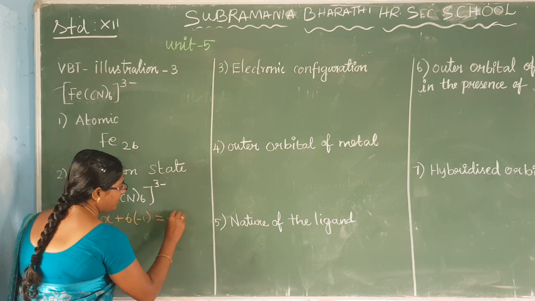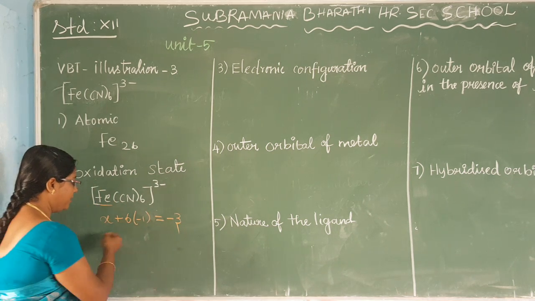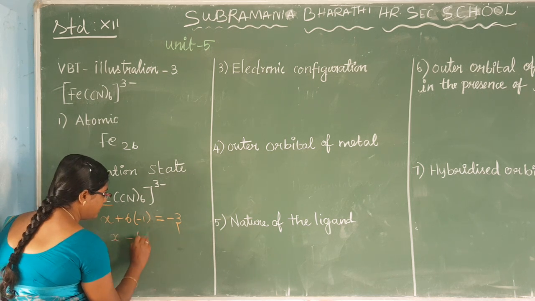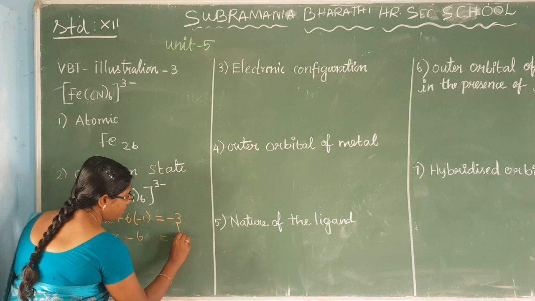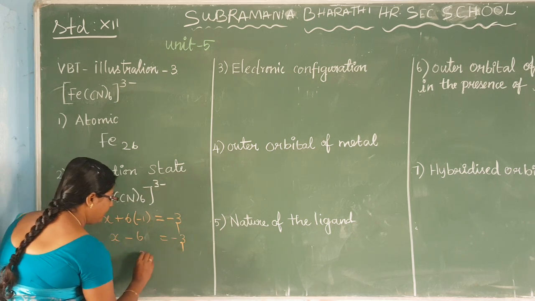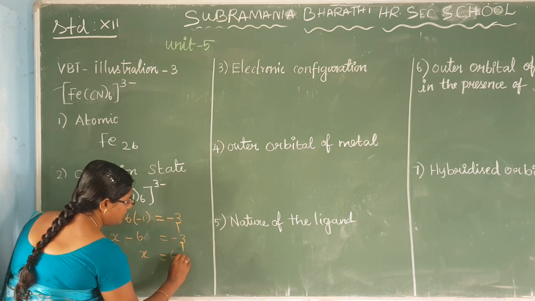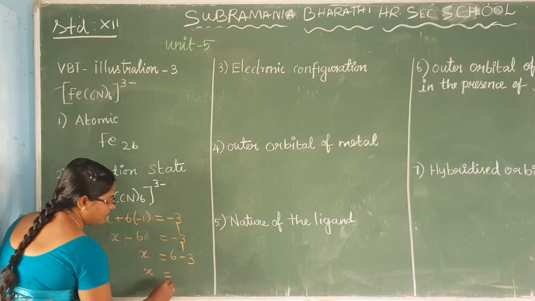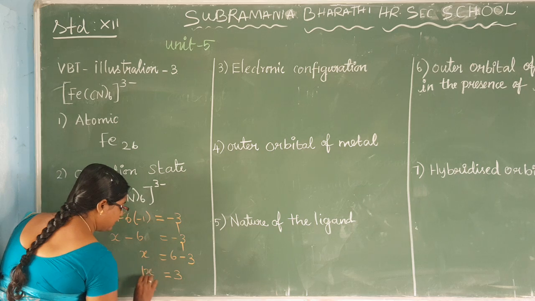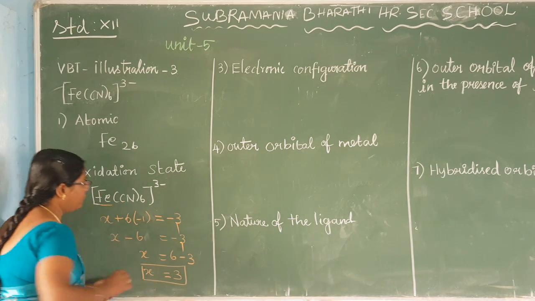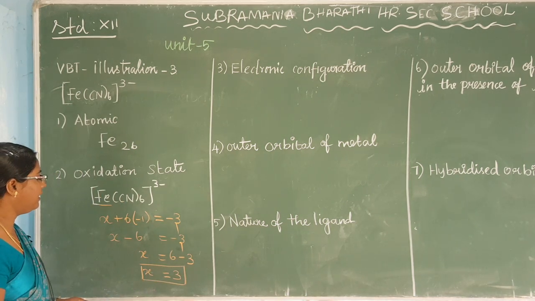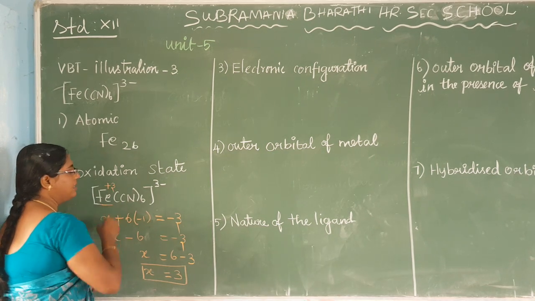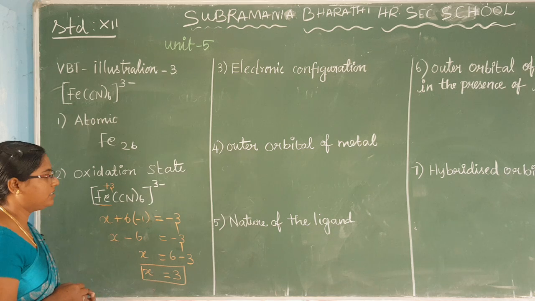Then do the simple calculation: X minus 6 equal to -3. Then X equal to 6 minus 3. What will I get? X is equal to +3. So the oxidation state of the central metal atom iron is +3.